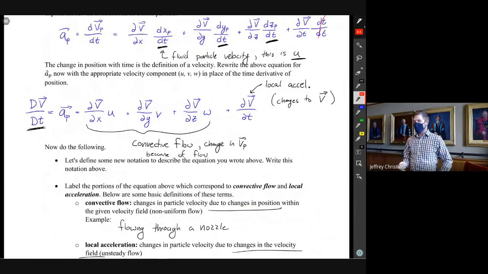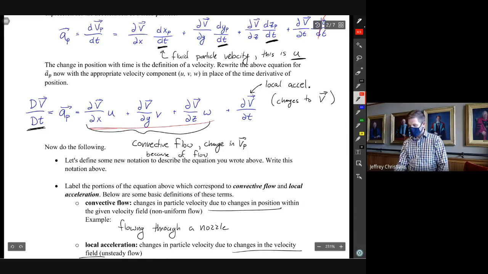It looks a little ugly when we're talking about velocity fields because velocity is in vector notation. We have this term which we call the convective flow term. That's the velocity change you experience because you're moving from location A to B to C. As you move in the fluid, you change velocity, you accelerate.